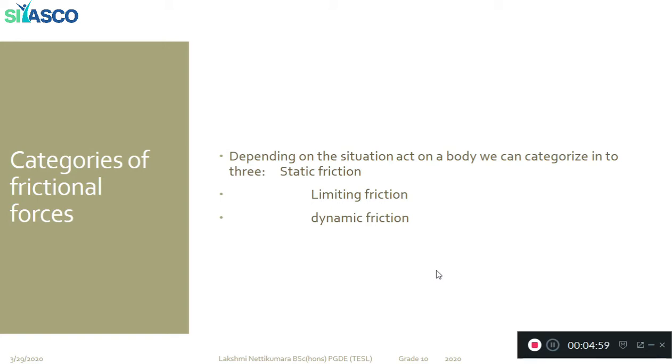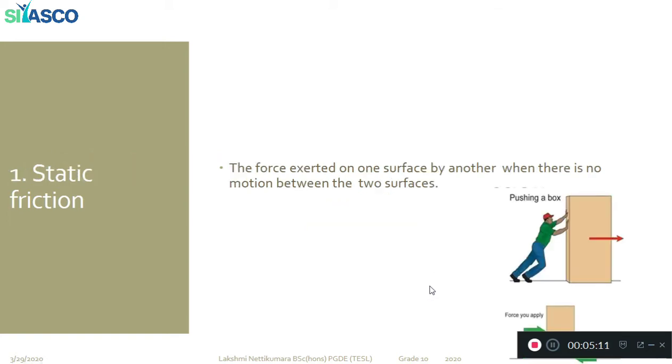Depending on the situation acting on a body, we can categorize friction into three: static friction, limiting friction, and dynamic friction. Let's see one by one what they are. What is static? The word implies that there is no motion.